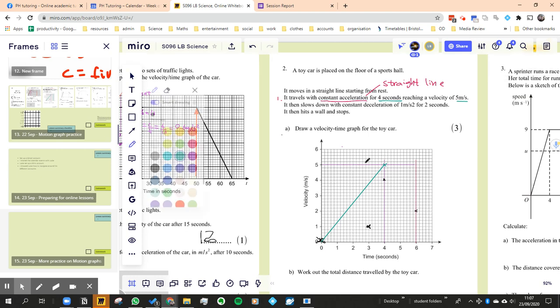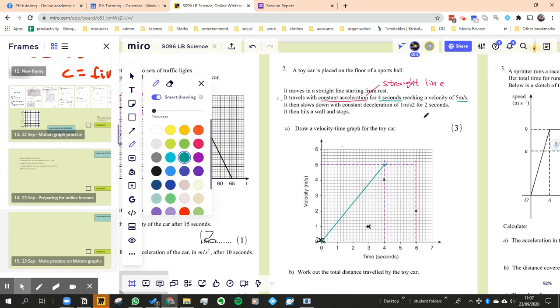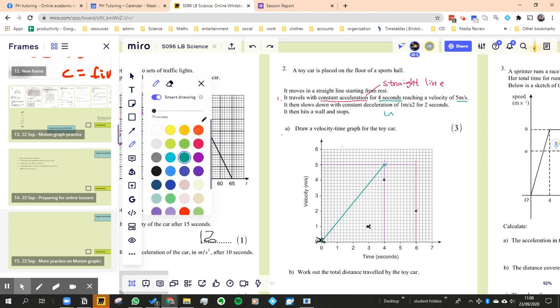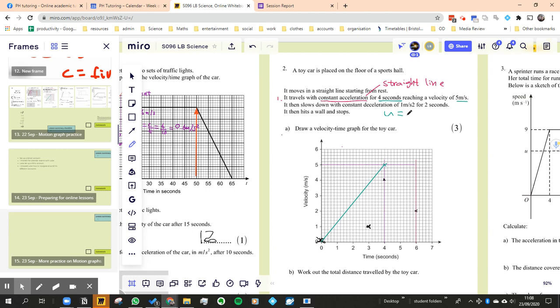So now we're going to work out what would be the final velocity. In this case, the initial velocity, which I'm going to call u, we haven't talked about this yet, is 5 meters per second for that part of the journey.